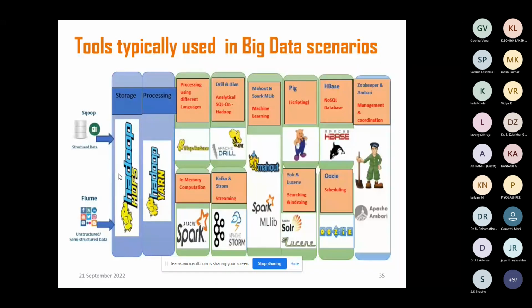That's why they are moving towards Spark, and very few applications run on Hadoop with the MapReduce technique nowadays.